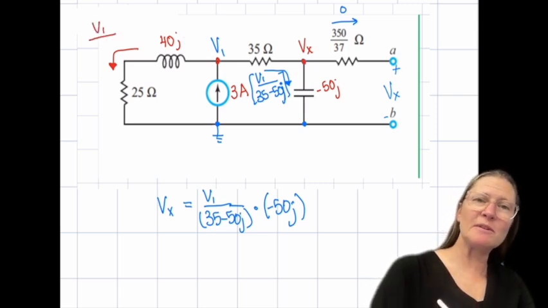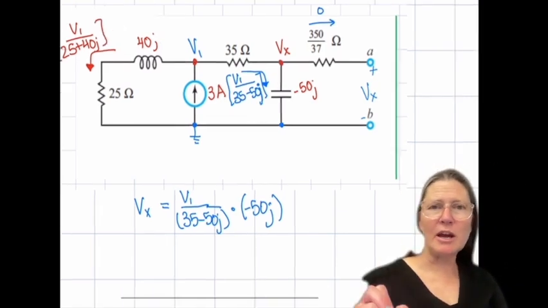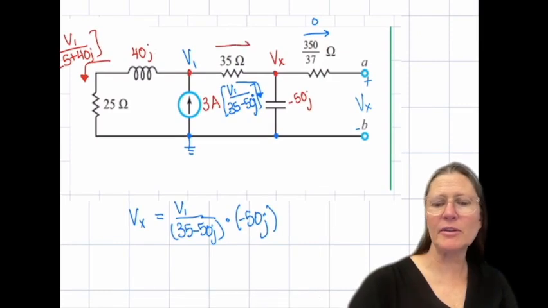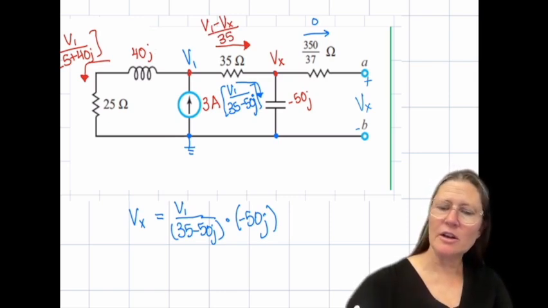Correct, so it's going to be V1 minus 0 over 25 plus 40J. And then the 3 amps is defined. What about this current? Correct. V1 minus Vx over 35 here.